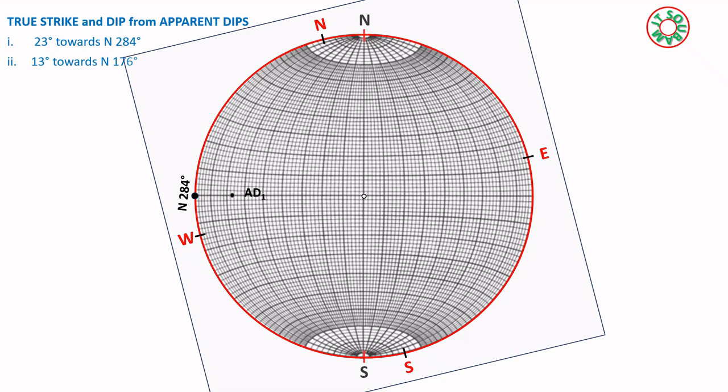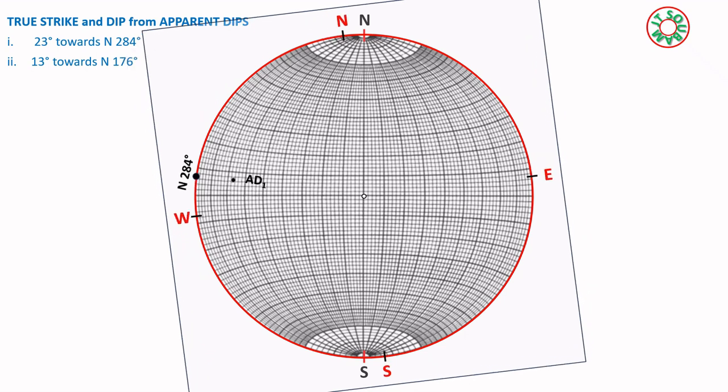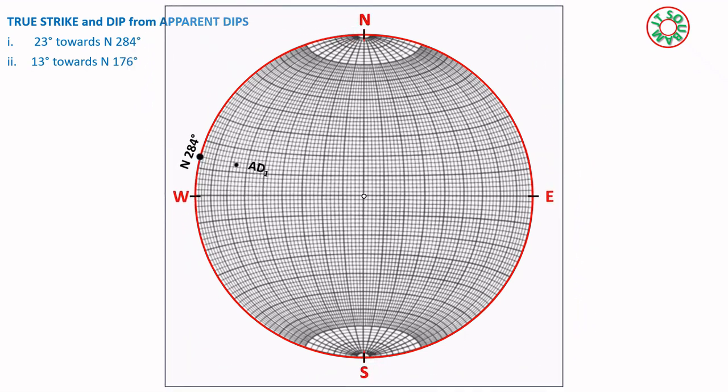Bring back the overlay to the original north-south position. Now, we plot the second apparent dip, which is 13 degrees towards north 176 degrees. Locate the direction north 176 degrees on the primitive circle.